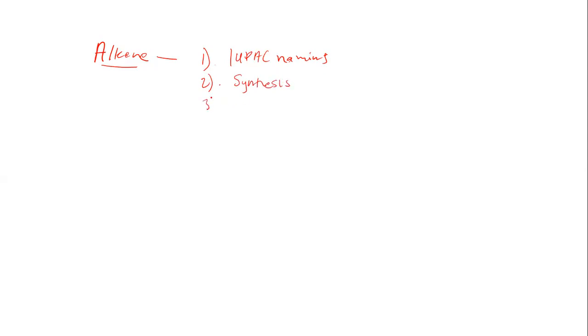And then the third question that we're gonna ask ourselves will be the reactions of alkenes. So these are only 3 questions that we really need to master by the end of these slides.